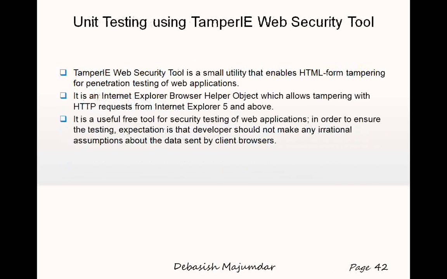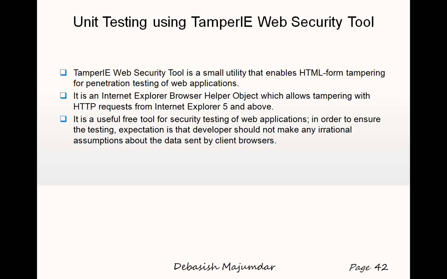Let us see what Tamper does. Some examples of how unit testing can be done using Tamper. The Tamper Web Security tool is a small utility which does HTML form tampering for penetration testing of web applications. It is very popular from the browser perspective; it supports IE from version 5 upwards, and Firefox also.